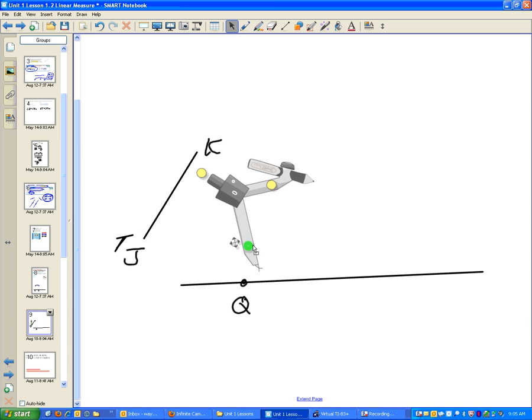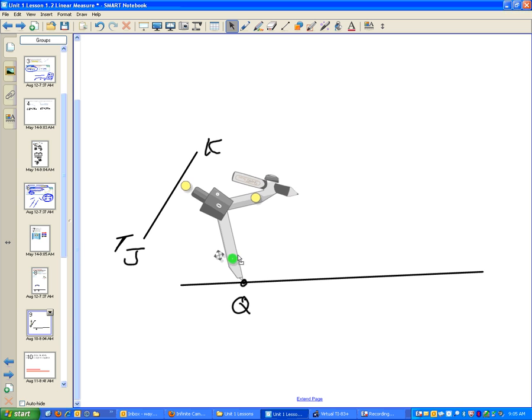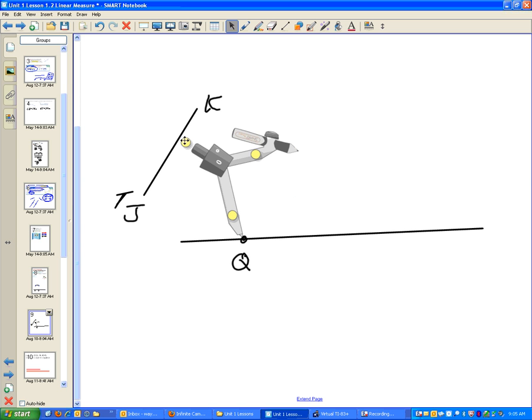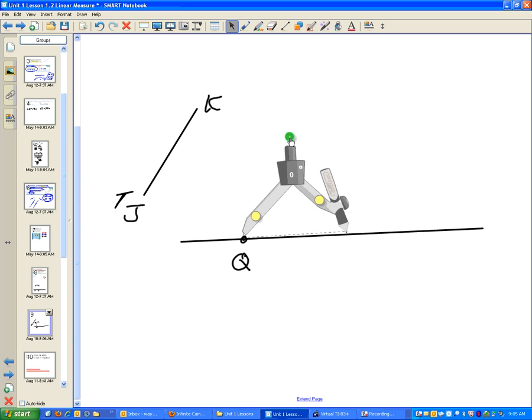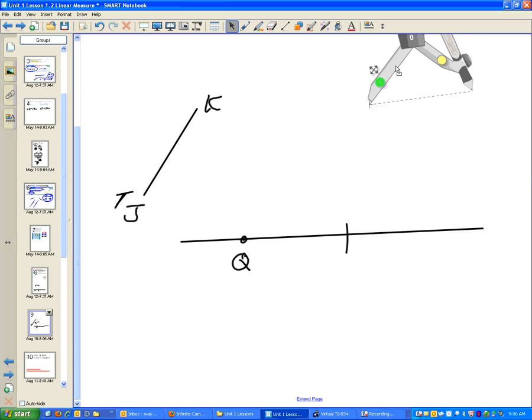So then I move here, put the end at Q, bring it down, make an arc. That's R. JK is congruent to QR. You'll be able to do that, won't you? All right.